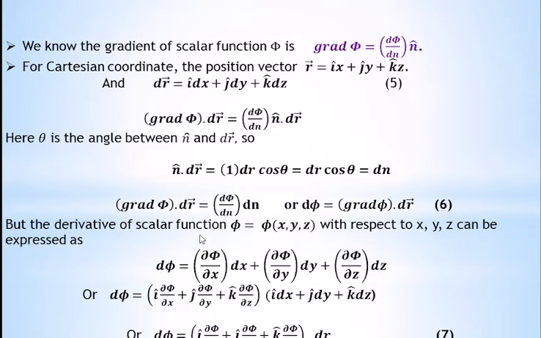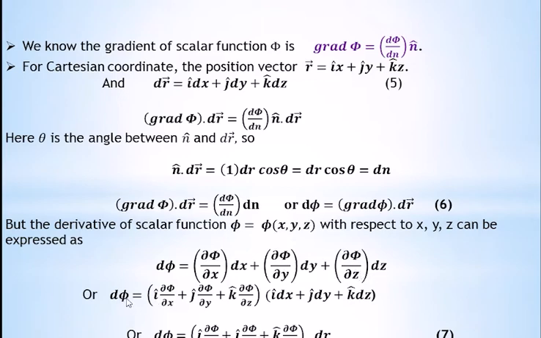But the derivative of scalar function phi, a function of x, y, z, can be expressed as follows. If we need to write the derivative of function phi, then d phi is equal to del phi upon del x dx plus del phi upon del y dy plus del phi upon del z dz.